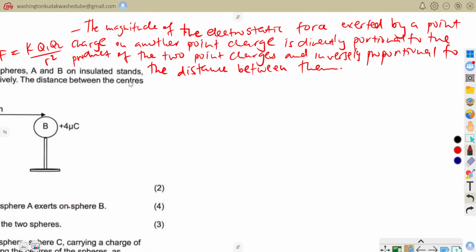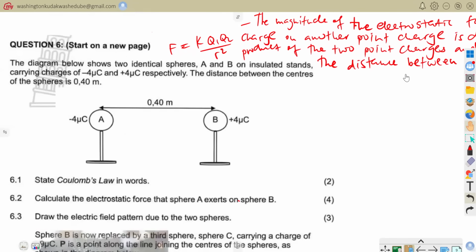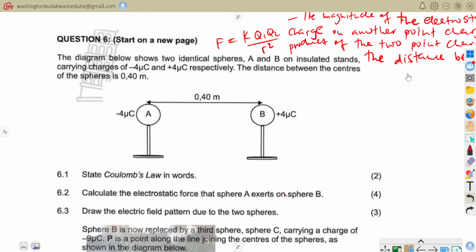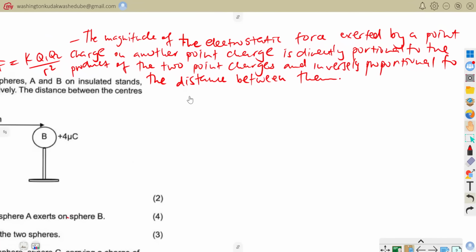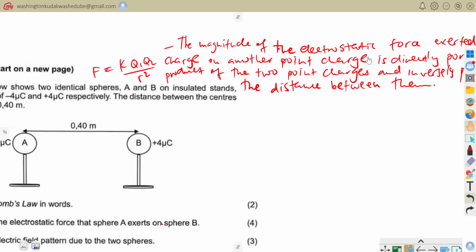So according to that law that I just wrote its equation there, you can describe it. We are saying that the magnitude of the electrostatic force exerted by a point charge on another point charge is directly proportional to the product of the two point charges and inversely proportional to the distance in between them.